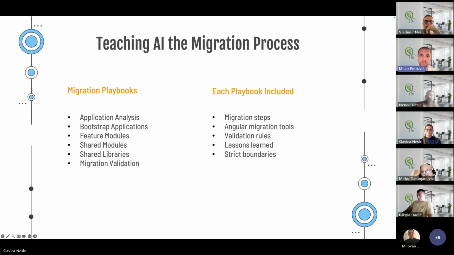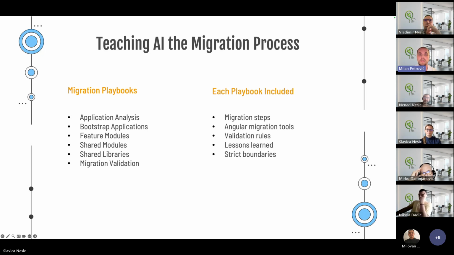After that, we documented the migration process itself. How to migrate a bootstrap application, how to migrate a feature module, and shared libraries. Each playbook contained migration steps, validation rules, common pitfalls, and the lessons learned from previous migrations. We also embedded the Angular migration toolkit into those playbooks.